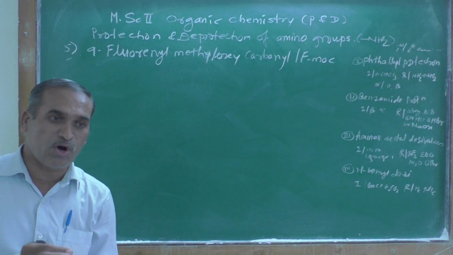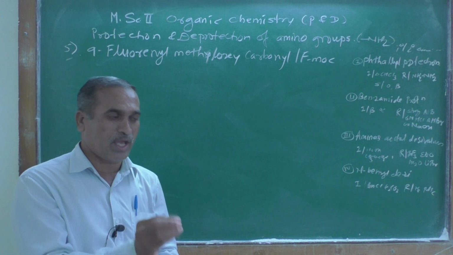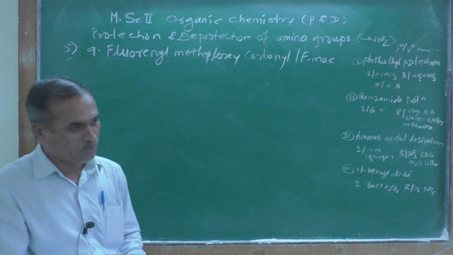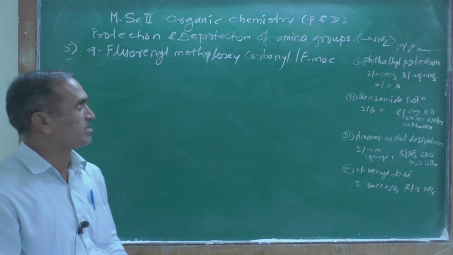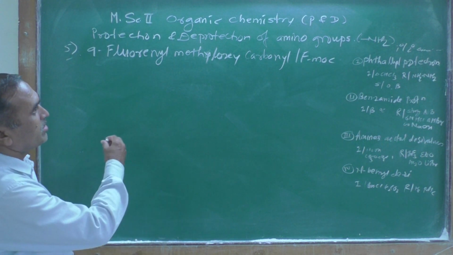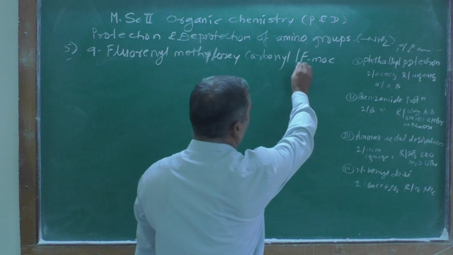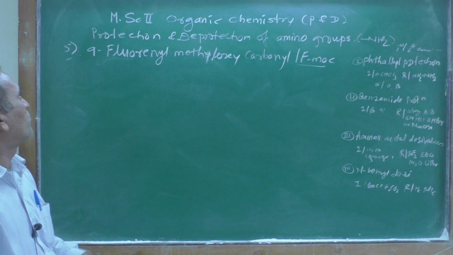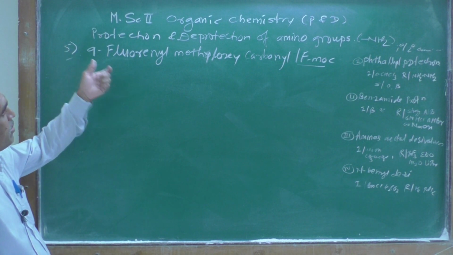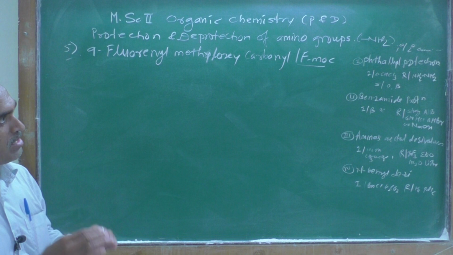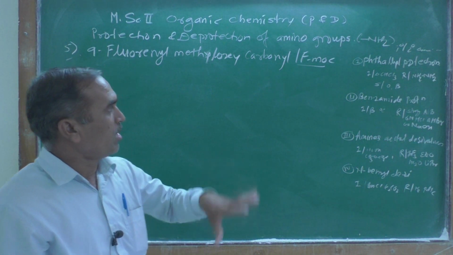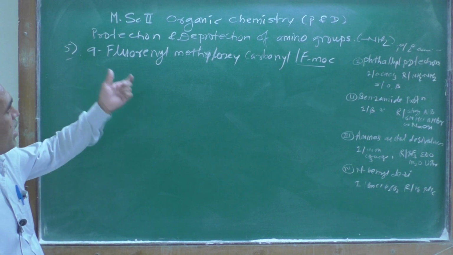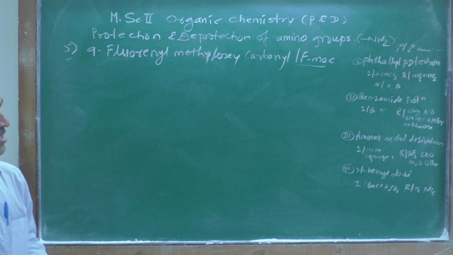So this Fmoc is used to protect the primary as well as secondary amino group in organic synthesis, and therefore in short you remember Fmoc, and the full form of Fmoc is nothing but 9-fluorenylmethyloxycarbonyl.